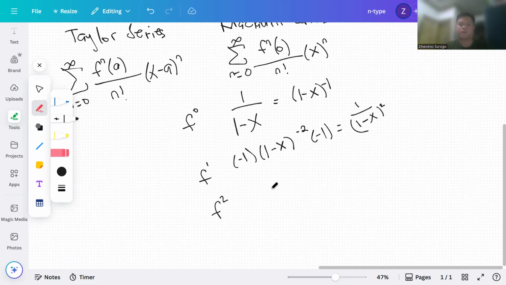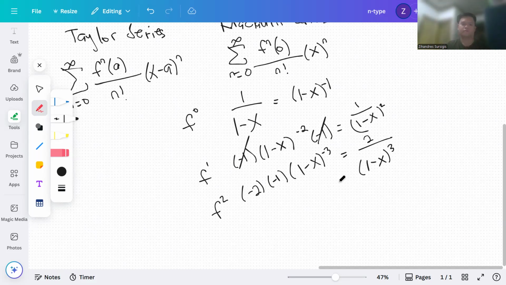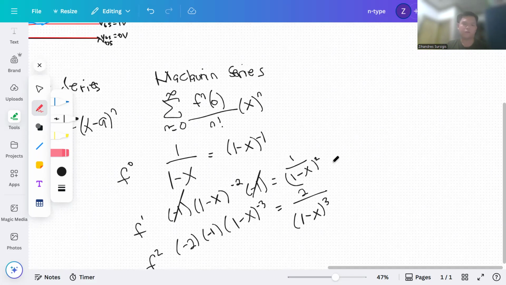Okay, so let's try i-derive yung second derivative. So the second derivative will just be negative 2 here times negative 1 again, then 1 minus x, negative 3, or 2 over 1 minus x raised to 3. Okay? So, ito lang yung nth derivative natin, and then i-define natin siya at 0.